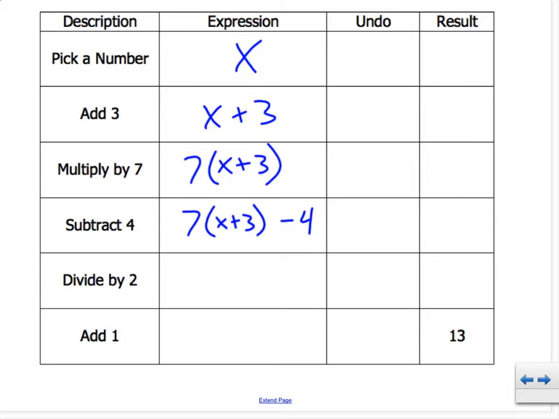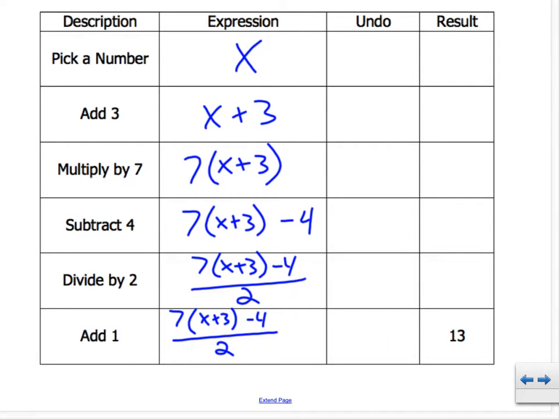We're going to subtract 4. We're going to divide by 2. And then we're going to add 1. And when we do all that to some number, we get a value of 13.